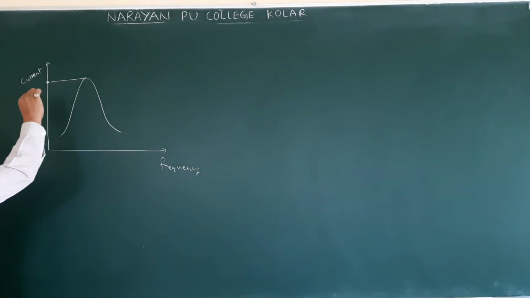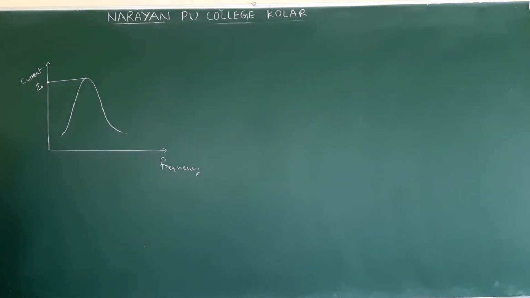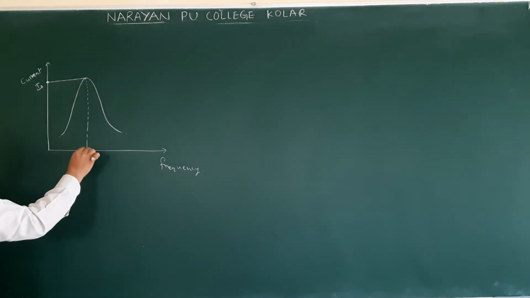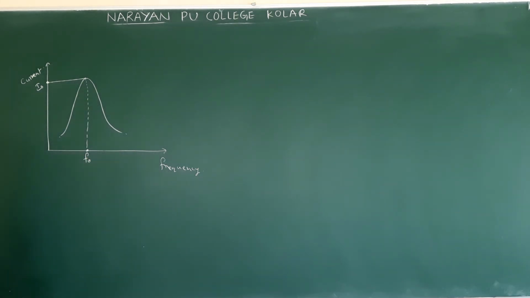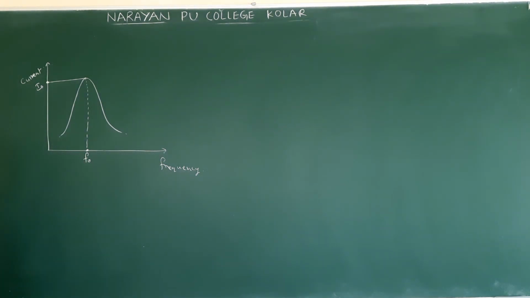The current becomes maximum, and that we call the peak value, I naught, at one frequency f naught or fr. At what frequency does the current become maximum? That frequency we call the resonant frequency.